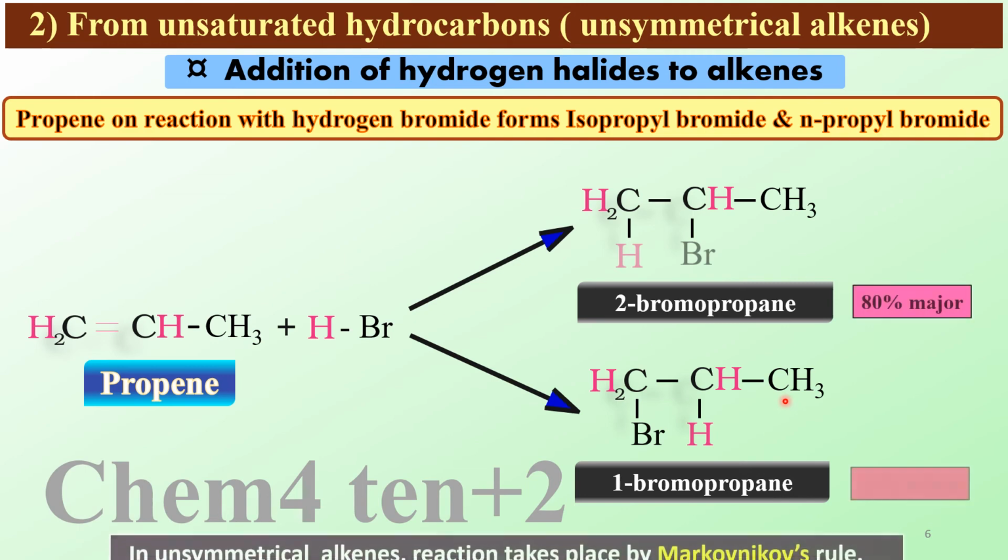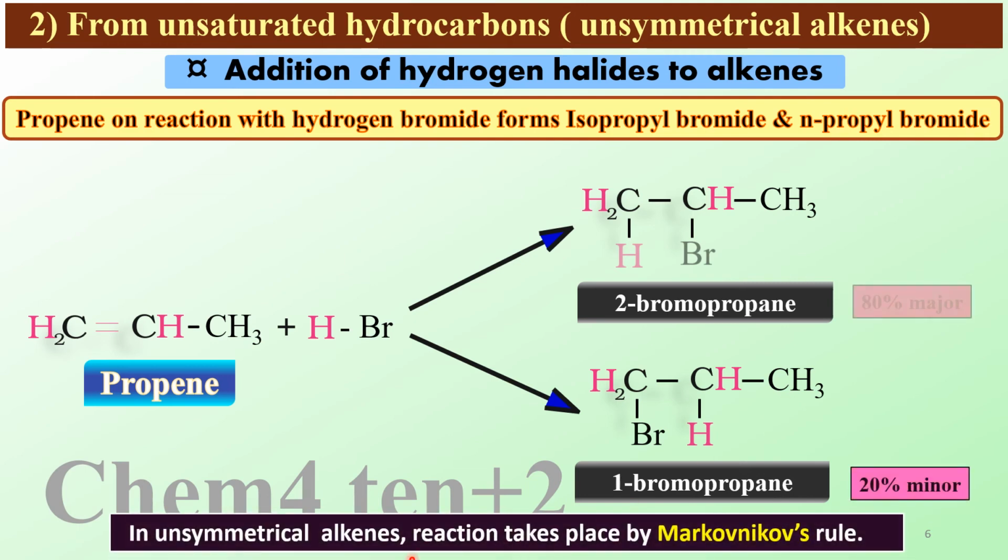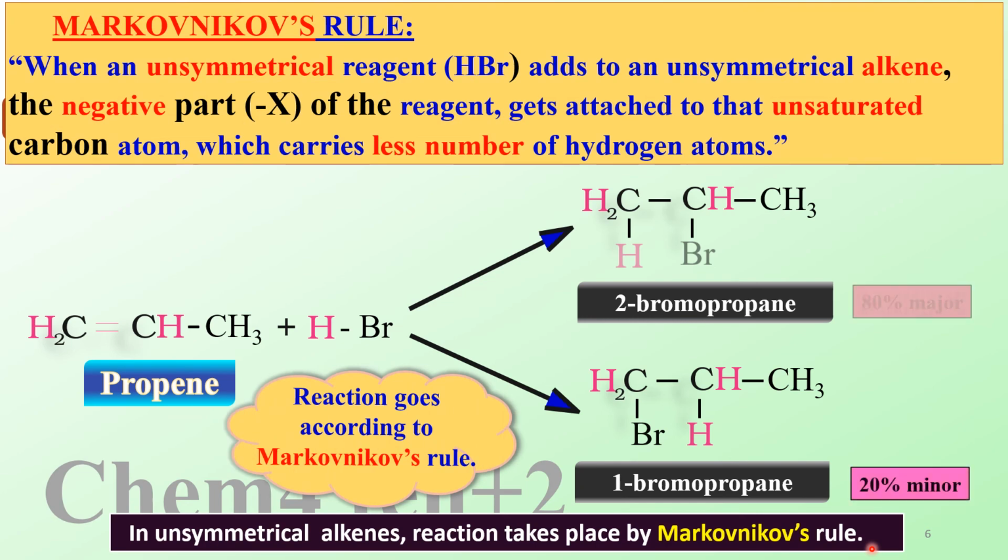So let's see. In unsymmetrical alkenes, the reaction takes place by Markovnikov's rule. What is Markovnikov's rule? Let's understand.